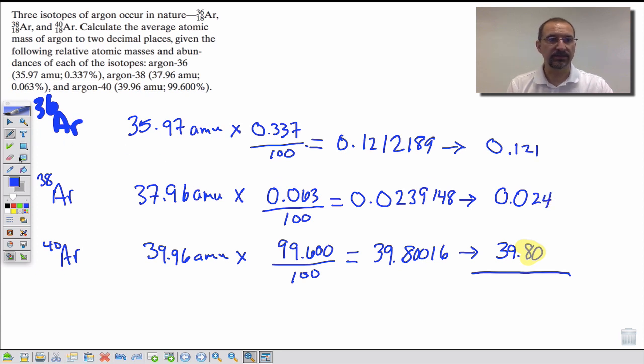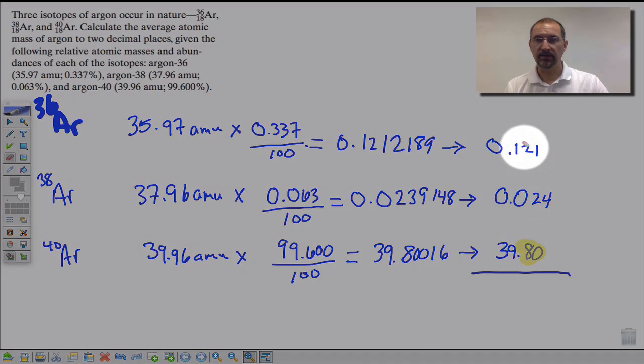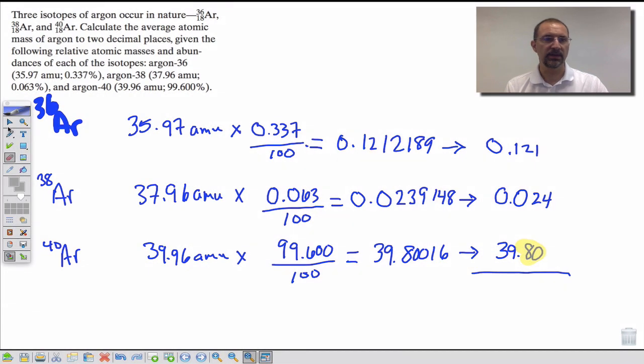There are 3 digits to the right of the decimal there, so I've still got to round my final answer down here. I've got 3 digits to the right of the decimal in the first number for argon 36, 3 digits for argon 38, but only 2 digits to the right of the decimal for argon 40. And so I've got to make sure my answer gets rounded to only 2 digits.